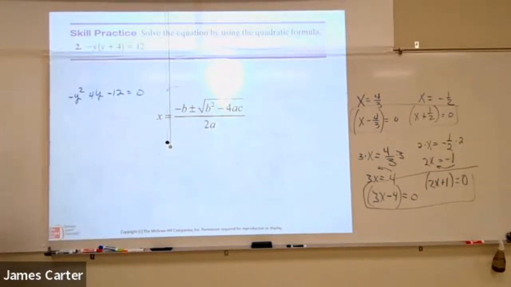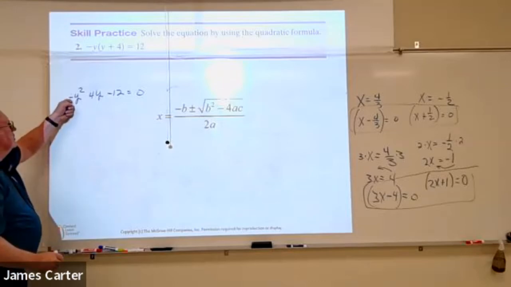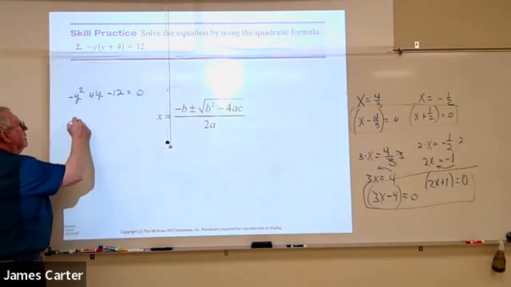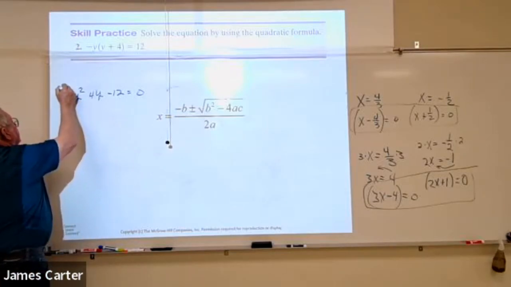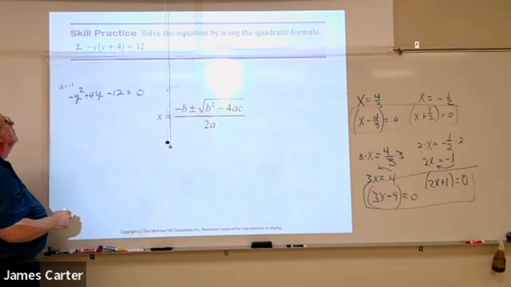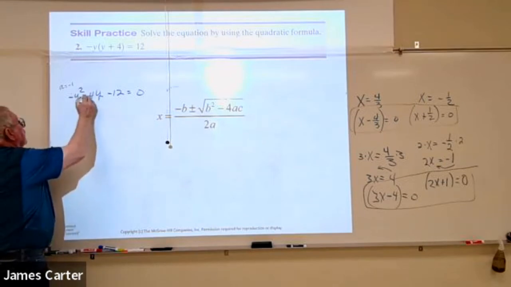Okay. What if I just leave this and don't factor out a negative? Let's see what I get. So a happens to be -1 in this case, right? Oh, that needs to be a plus there. No, it doesn't, it's a minus.